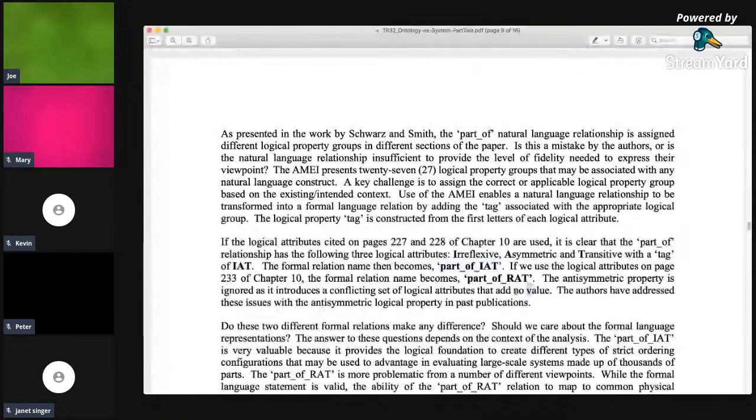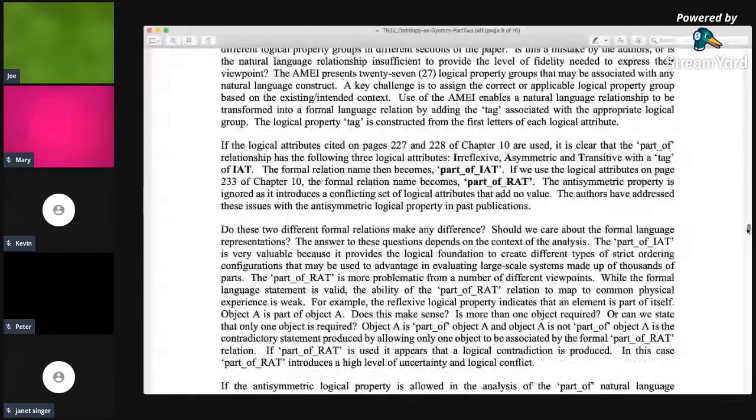But then also the author said, well, part-of is reflexive, asymmetric, and transitive. And then they also assigned the anti-symmetric property. And the reflexive, asymmetric, and transitive really raises a tremendous amount of issues and questions logically. Like, reflexive applies to only one object. So in part-of, are we only talking about one object? The wheel is part of the wheel. Well, okay.